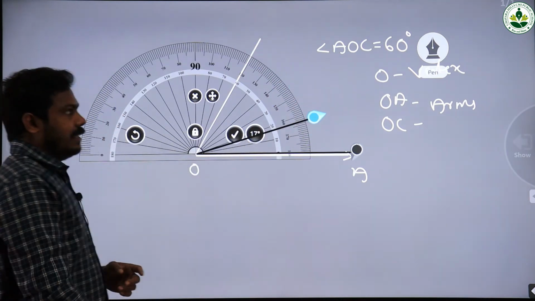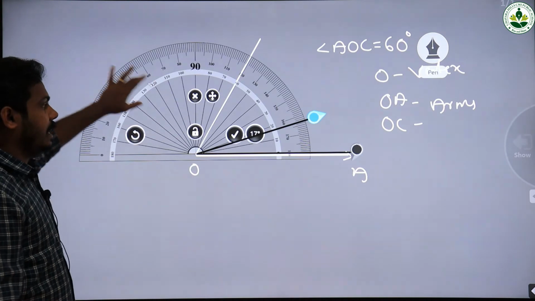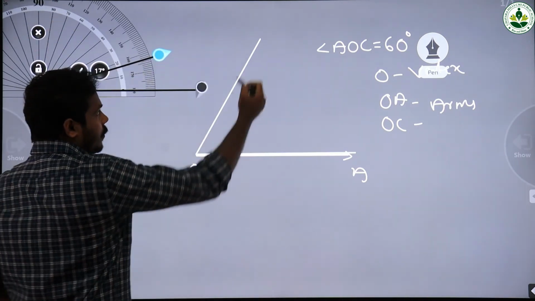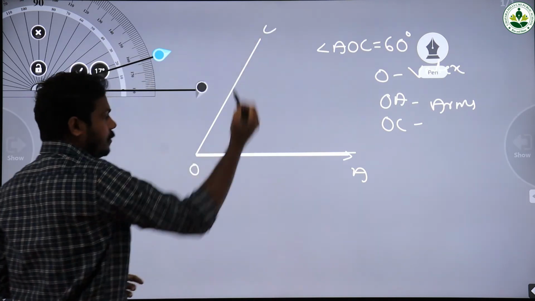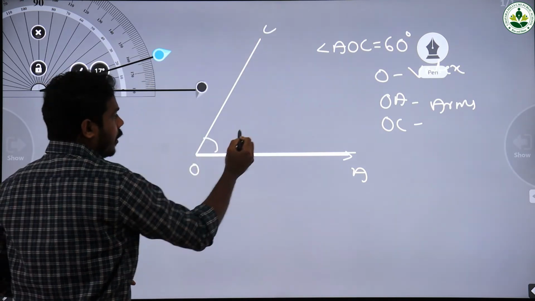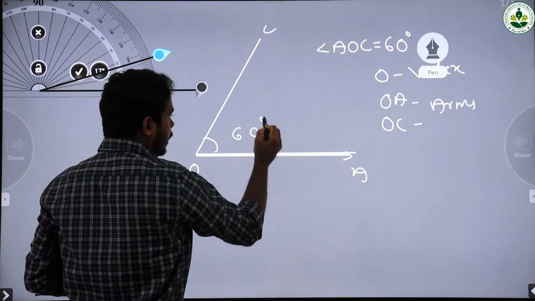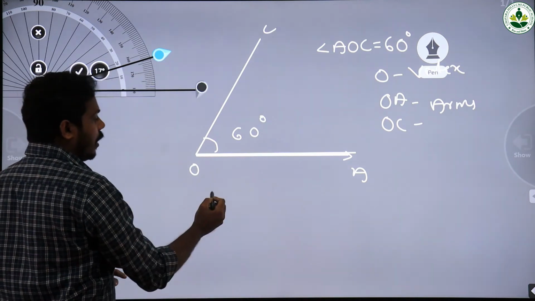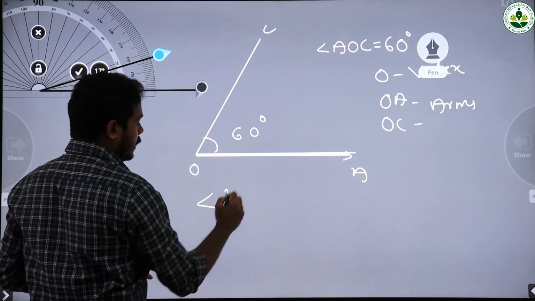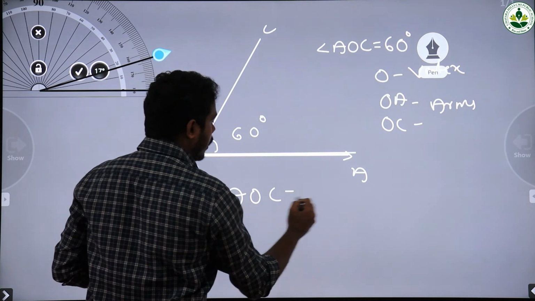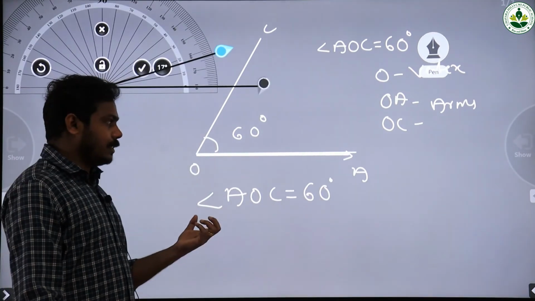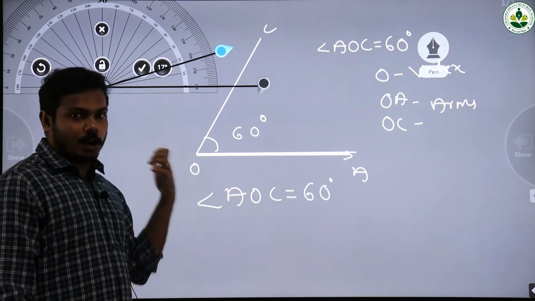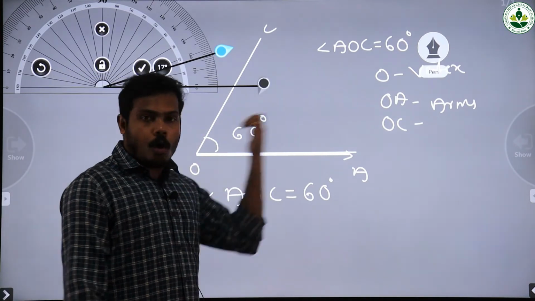It is the 60 degrees, and we can name it OC. This is the angle, that is 60 degrees. So here we can say angle AOC equals 60 degrees. How do you draw this one? First we need to draw one of the arms. Here we draw OA.